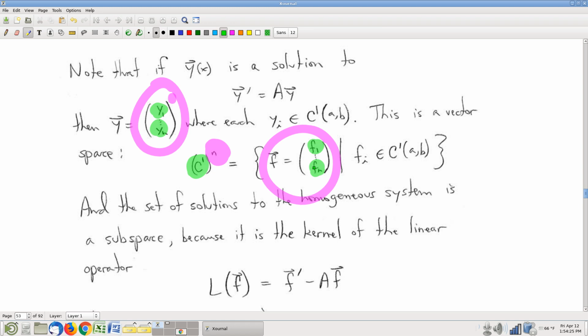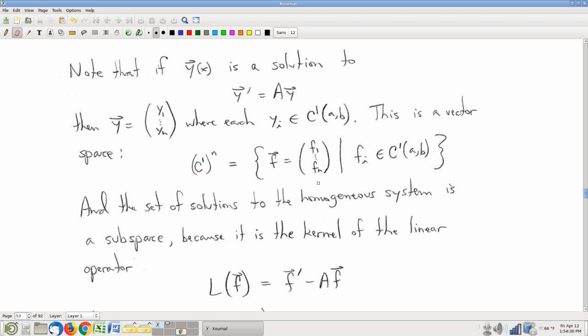And the big point that I want you all to think about, and I want you to check for yourself, this is not hard to do, is that the collection of all ordered n-tuples of functions from the vector space C1, this ordered n-tuple of vectors, is a vector space. So we are doing business inside of a vector space. Right there, that means we're doing linear algebra. Kind of, at least kind of. Okay, so we're trying to find something inside of a vector space.